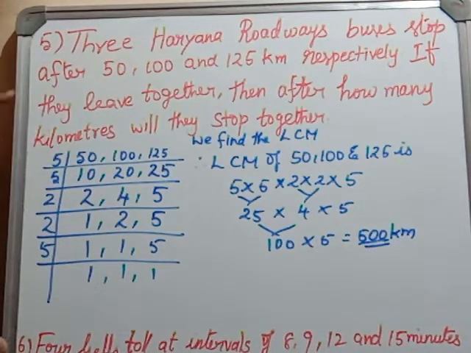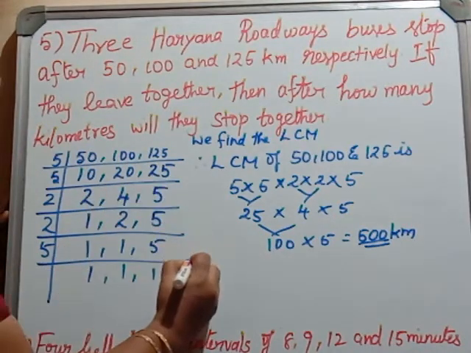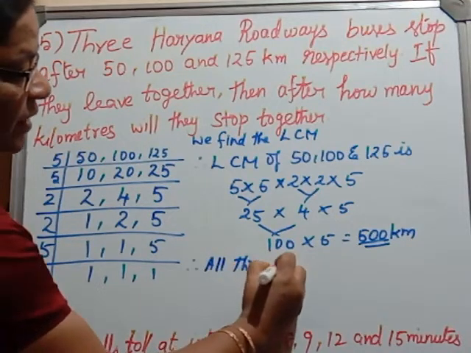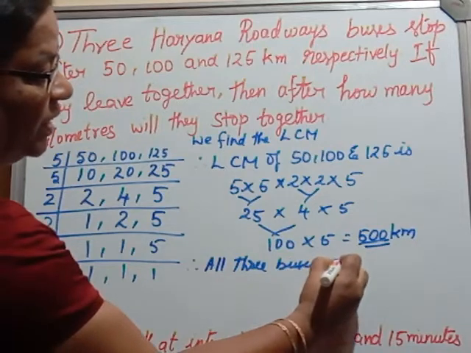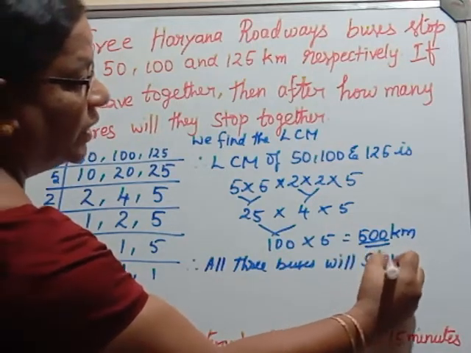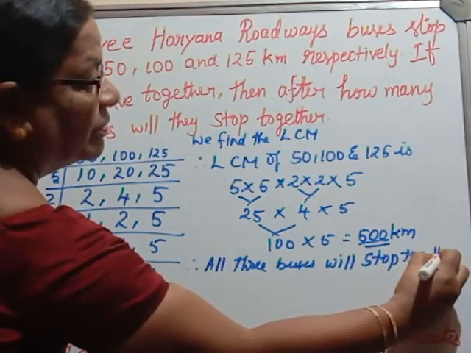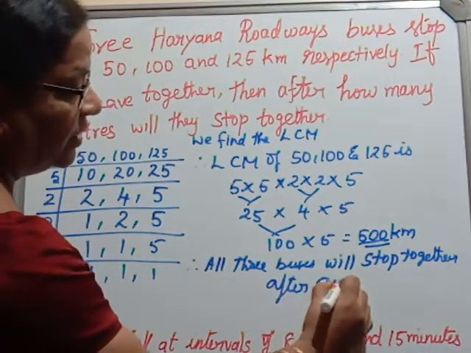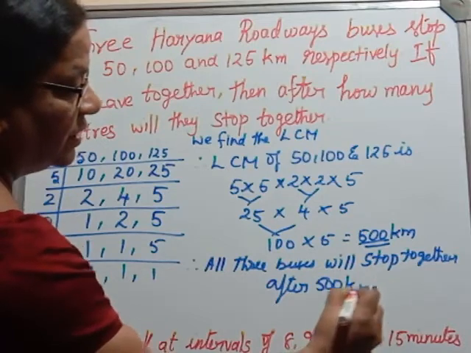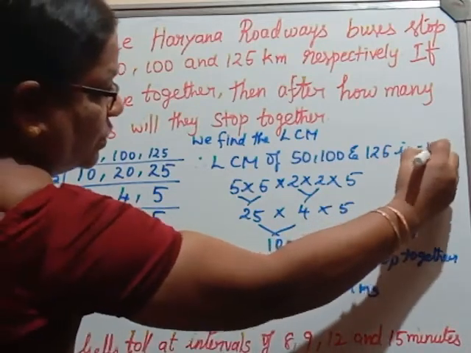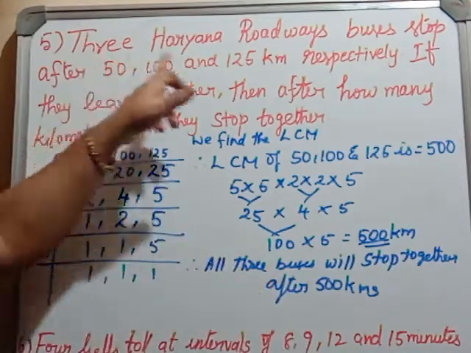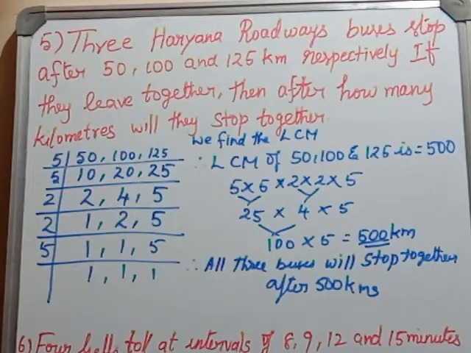What they ask: if they leave together, then after how many kilometers will they stop together? Therefore, all 3 buses will stop together after 500 kilometers. Understand, children? So the LCM is 500. After 500 kilometers only all the 3 buses will stop together.